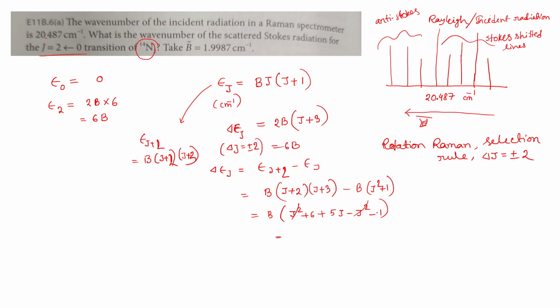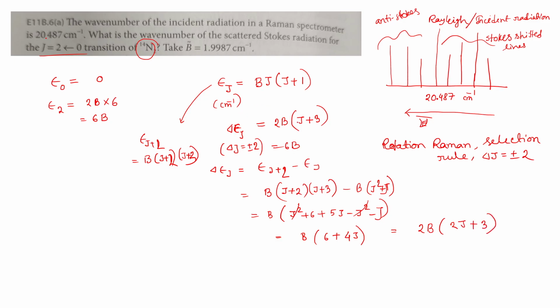So it will be something like B into 6 plus 4J, that is nothing but, let us take common 2B, 2B into 2J plus 3.